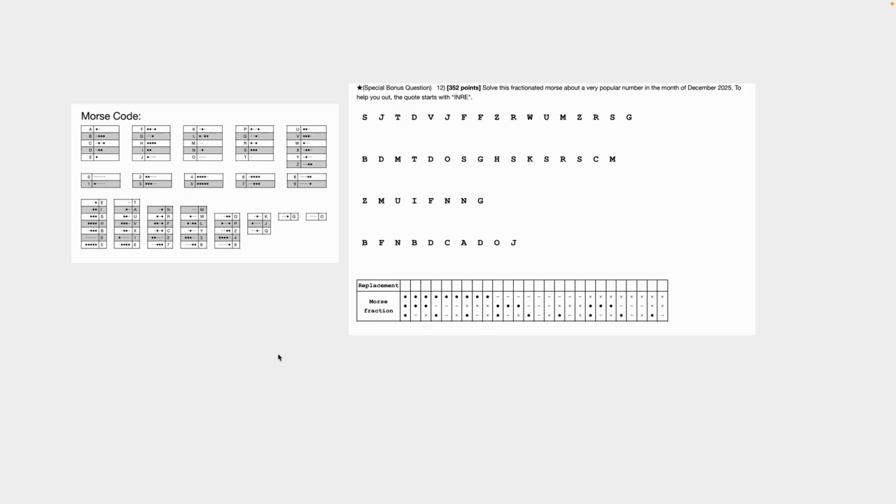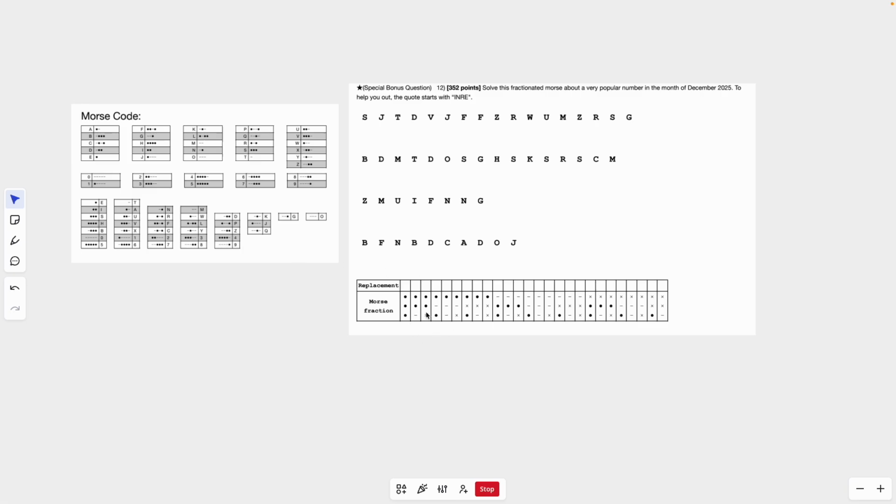First, as a part of your Science Olympiad test, you're going to be given the Morse code reference sheet, and there's a difference between the Morse code sheet that they give you and the actual fractionated Morse code, and the main thing is the X's.